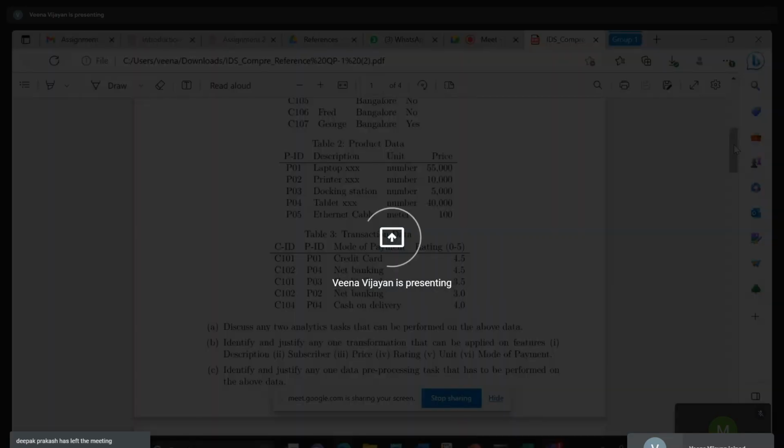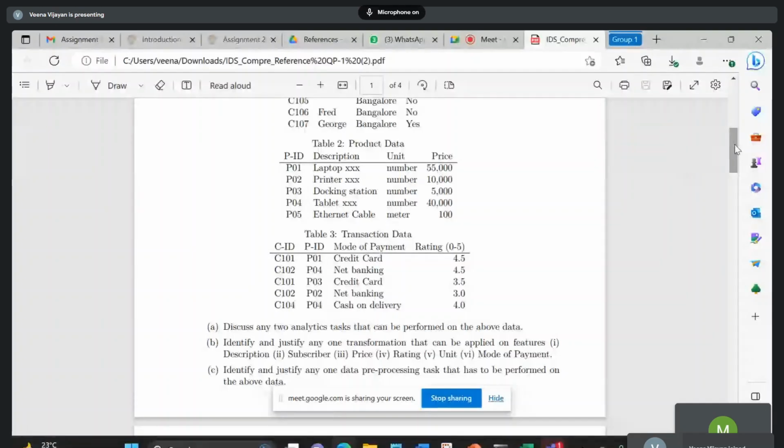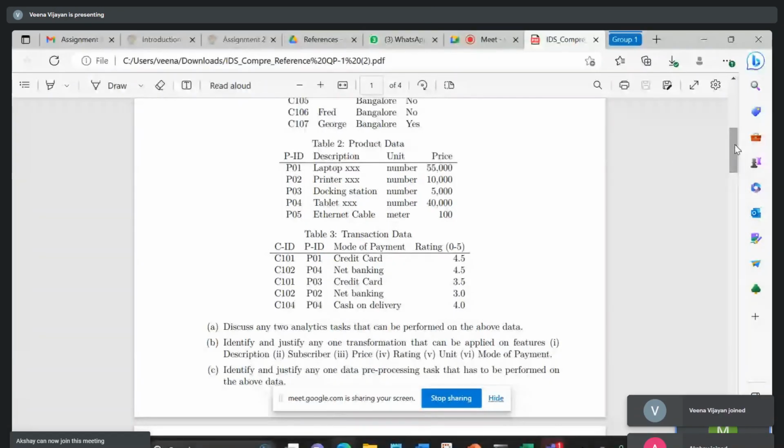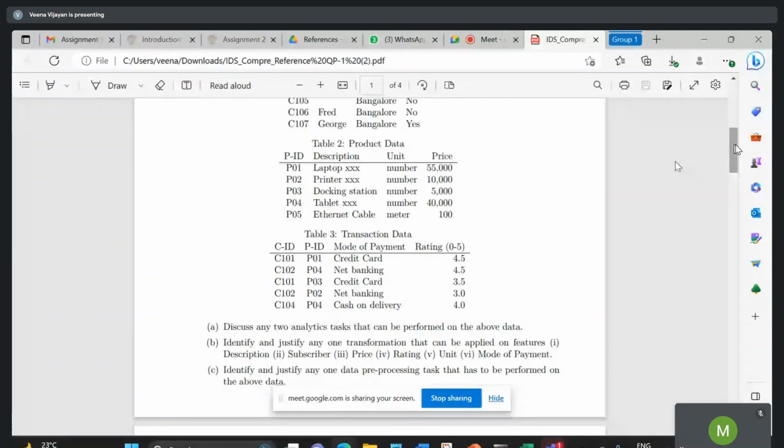Let me know once you're able to see the screen. Yeah, it's okay. So, discuss any two analytic tasks that can be performed on the above data.